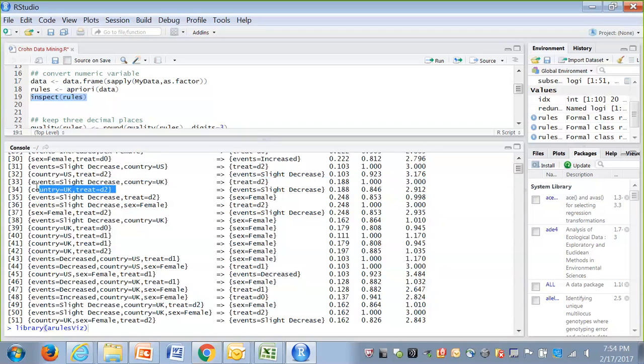This is actually a subset of this. When you're graphing these, they don't really add value, so you remove them because it's just a rule for the sake of having a rule.